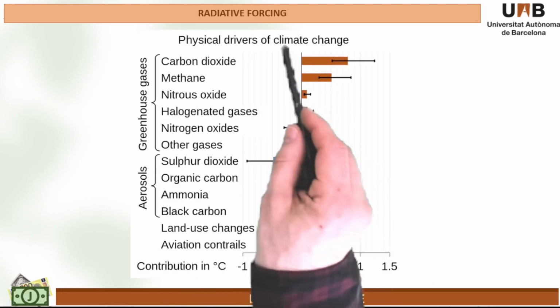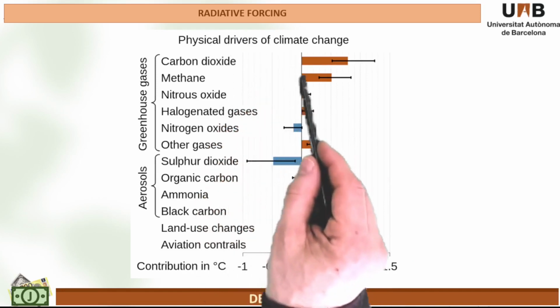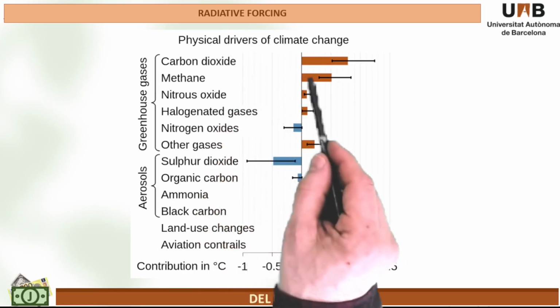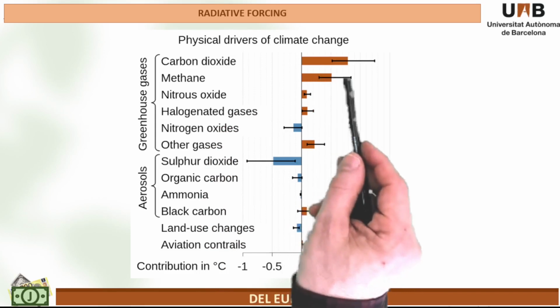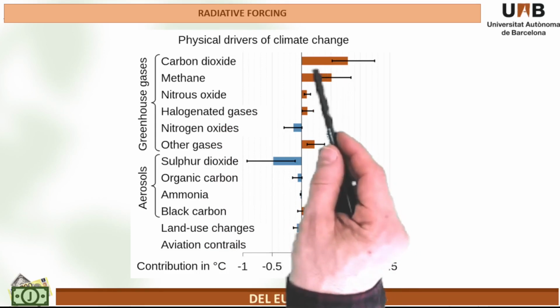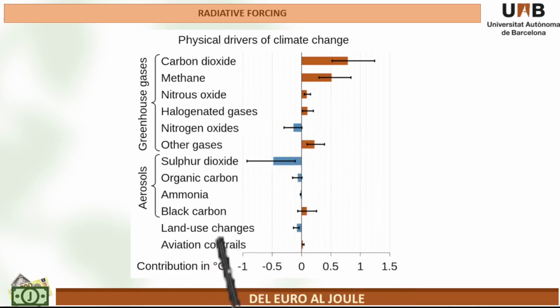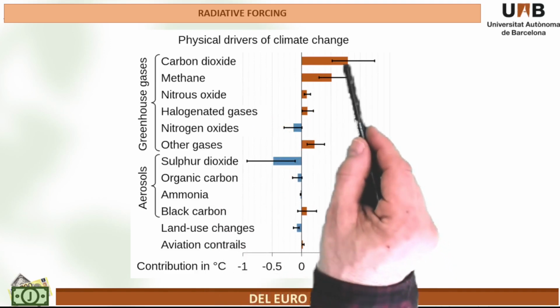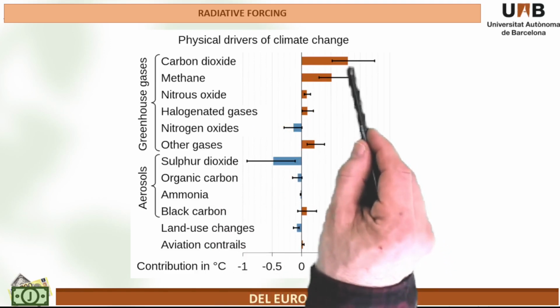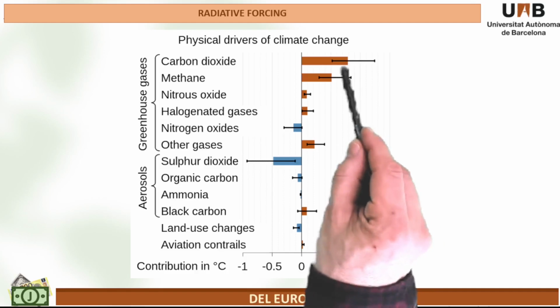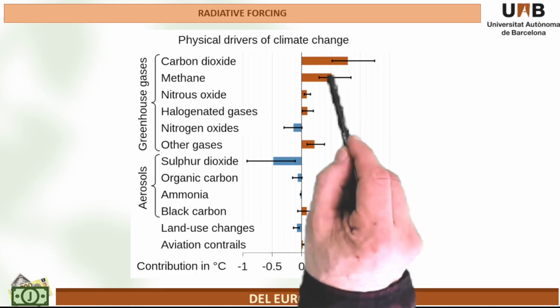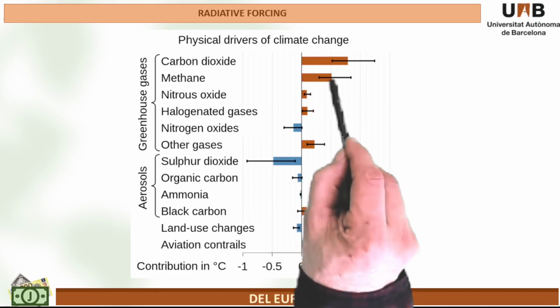When we analyze the radiative forcing, that is, how much greenhouse effect is created by carbon dioxide, methane, and the rest of the molecules, we see that carbon dioxide, because it has a very large persistence, has a very high effect, and methane has a very large effect not because of its persistence, but because of its warming potential.